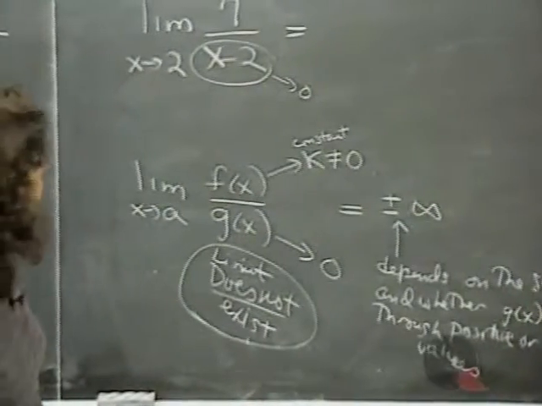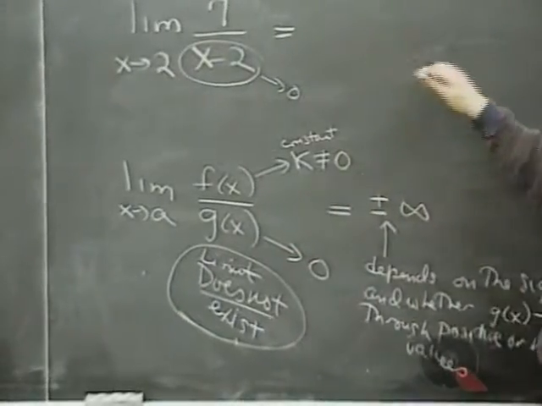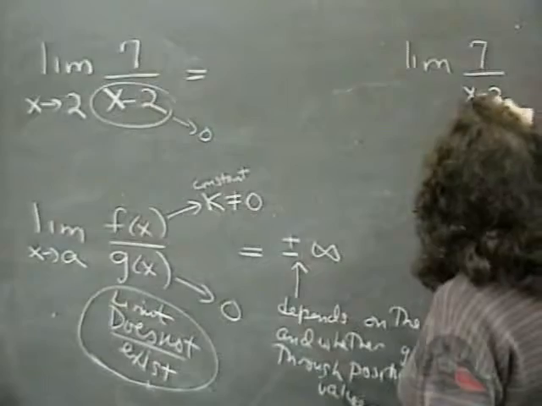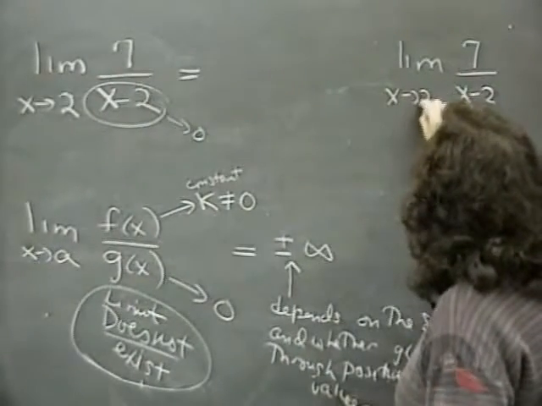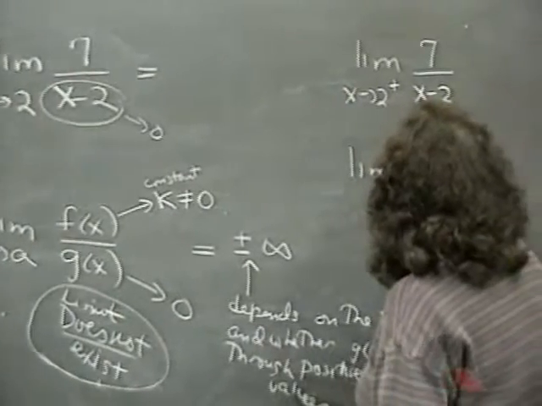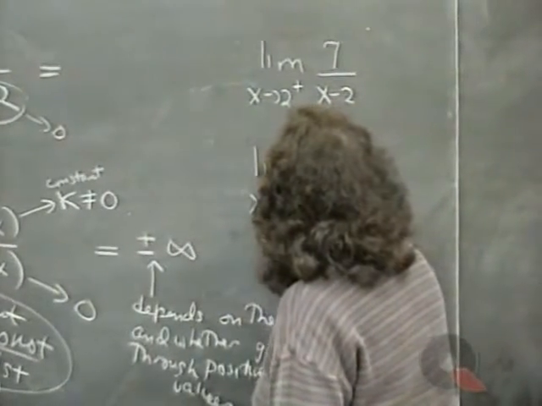Okay? Now, to understand this further, let's look at this problem as x approaches 2 from the right, and also as x approaches 2 from the left.